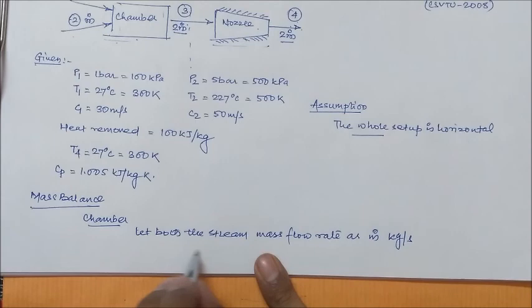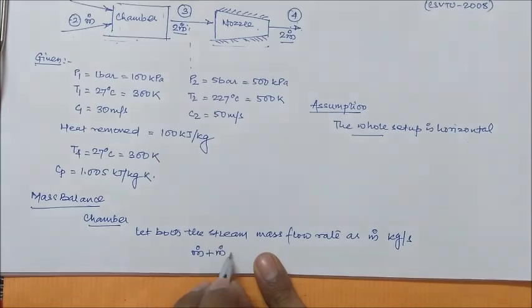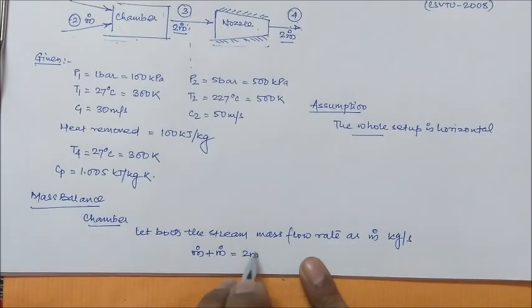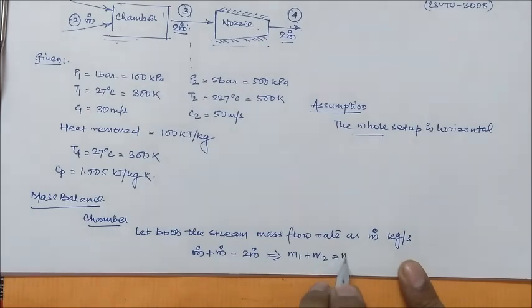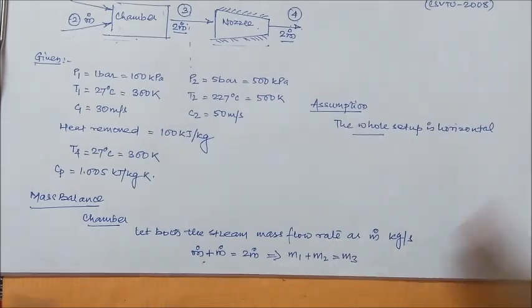So for the chamber it will be m dot plus m dot is equal to 2 m dot, which we can write as m1 plus m2 is equal to m3, right?